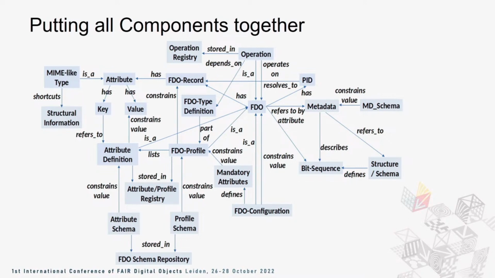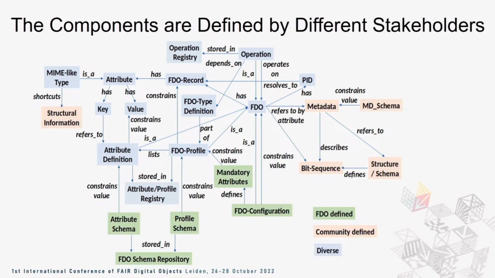What we also made at the beginning, we made a decision on what is more or less in the governance realm of FDO forum, which is more or less in the governance realm of communities, and which is something where we have to struggle with both, probably.